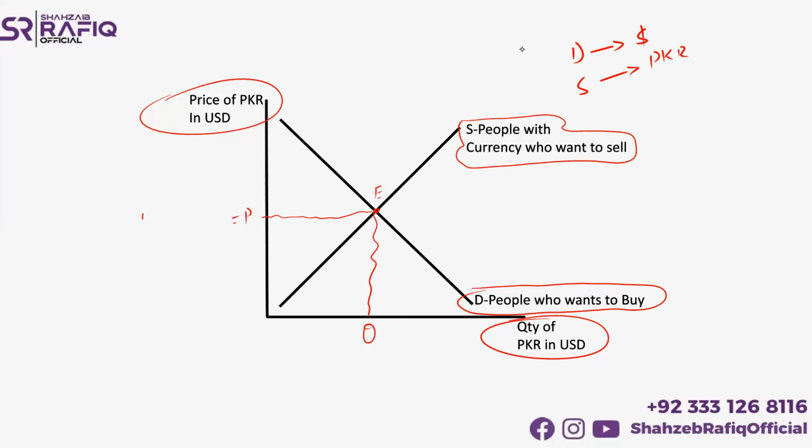So this price represents 1 USD is equal to 159.60 PKR, which means that $1 can be bought at 159.60 Pakistani rupees. This is defined by the demand and supply diagram, and this system is said to be a freely floating exchange rate, run through the market forces, meaning the demand and supply of the market.